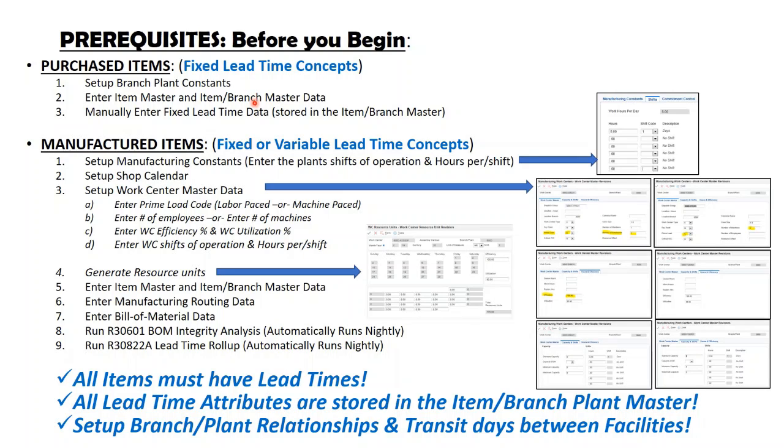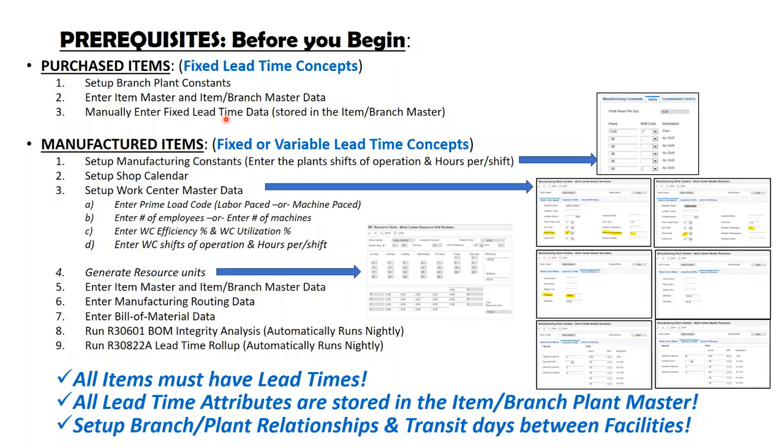Obviously, there must be item master and item branches for all our purchased items, and all those purchased items must have manually entered fixed lead time data, and this data is stored in the item branch.